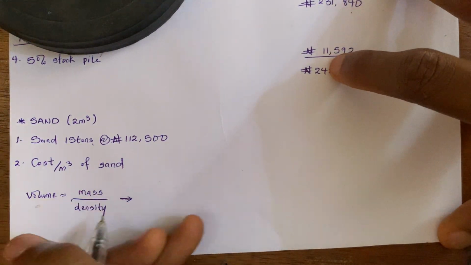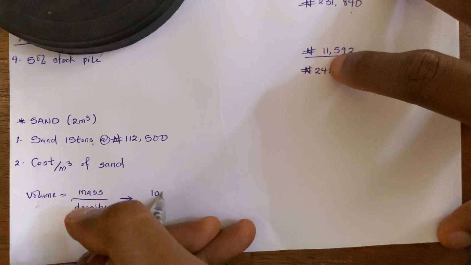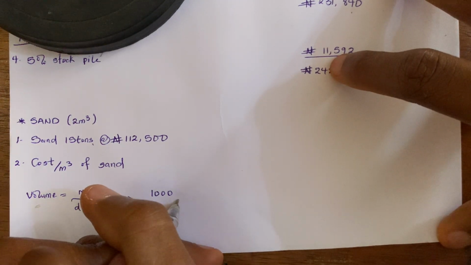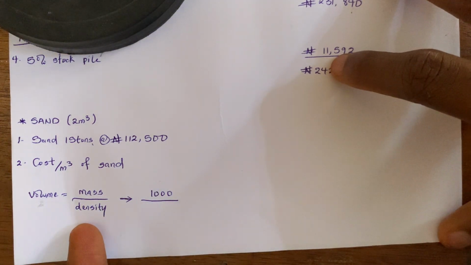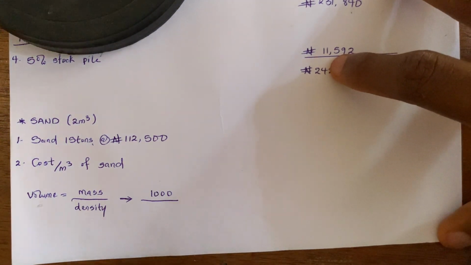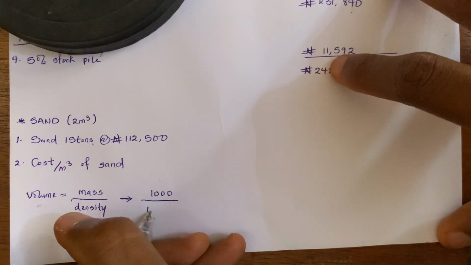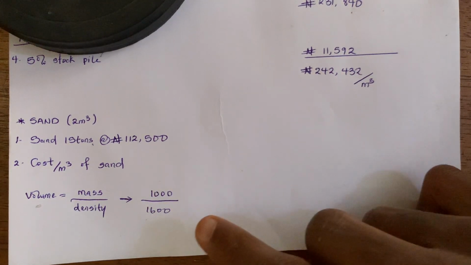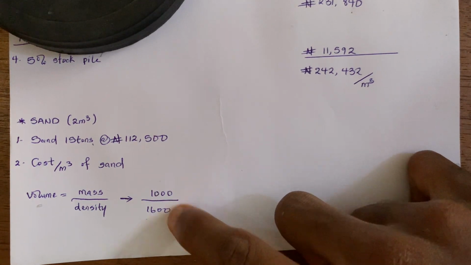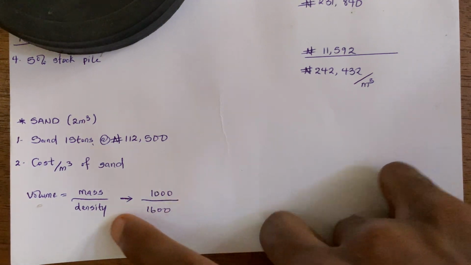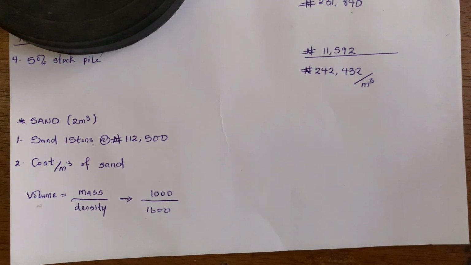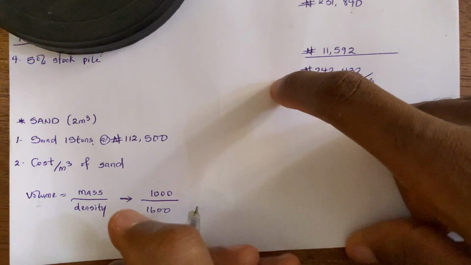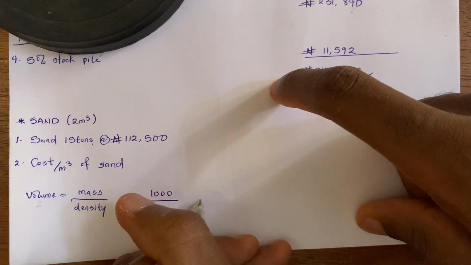So the mass will be 1,000 kg, or you can leave this in tons if you choose to, divided by the density of sand, which is 1,600. Since we've gotten the mass and the density, if we divide these two together, it will give us the volume of 1 ton, what 1 ton is equal to in meter cube. So 1 ton will now be equal to what?